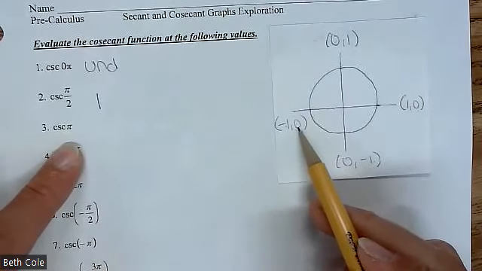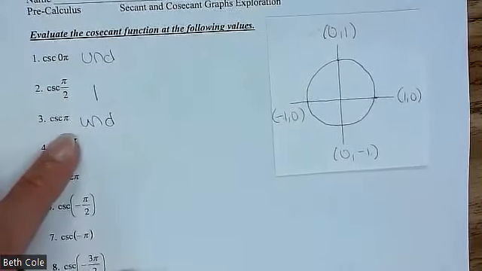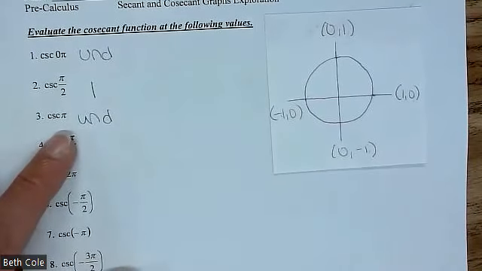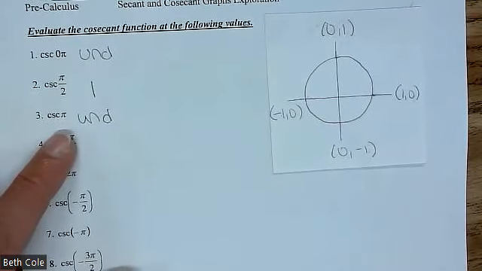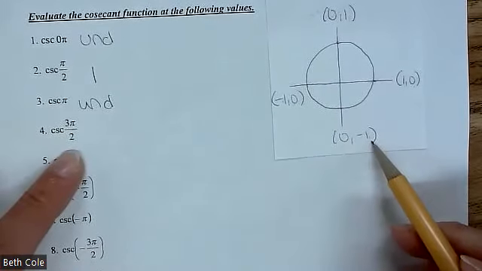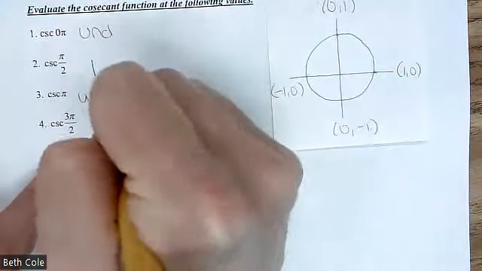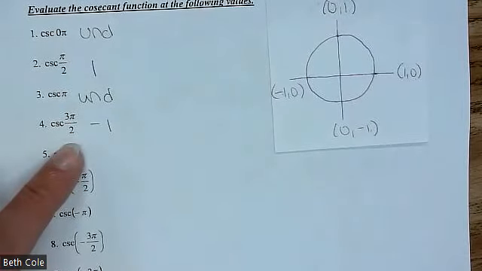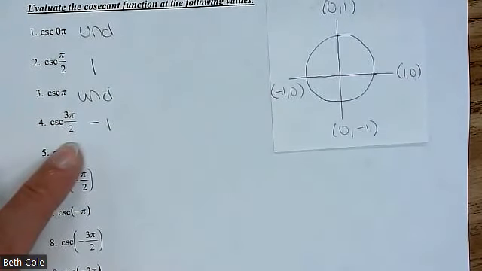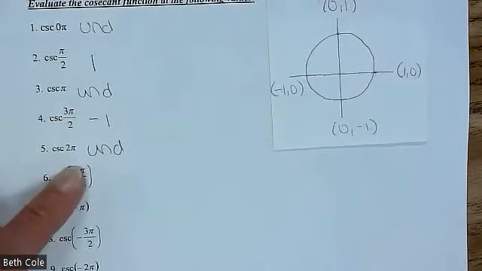All right, here's pi. Again, we have 0 for our Y value, so undefined. And if you're like, wait, there's going to be another asymptote, yeah, there's going to be an infinite number of them because this is cyclic. 3 pi over 2. What do we get? -1. If you flip -1, it's still -1. 1 over 1 is 1, it's just negative. And then 2 pi puts you back where you started, the undefined.